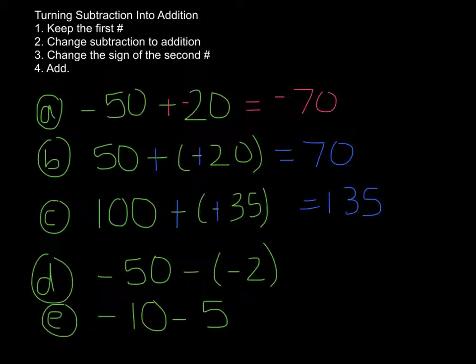Next we have negative 50 minus negative 2, that's the same as negative 50 plus positive 2, and that is negative 48. And then our final one, negative 10 minus 5 is the same as negative 10 plus the opposite. And negative 10 plus negative 5 is negative 15.